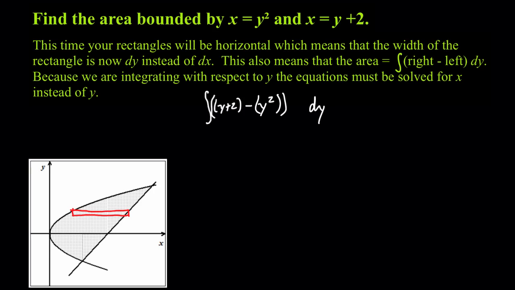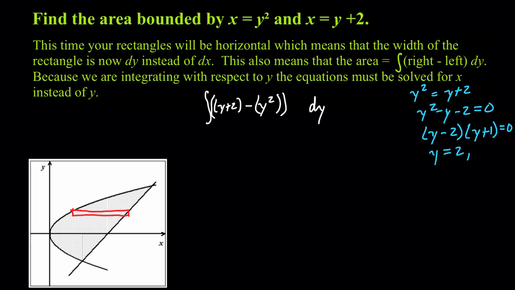We take these equations and set them equal to each other. That gives us y squared minus y minus 2, which factors as y minus 2 times y plus 1, and y is equal to 2 and negative 1.